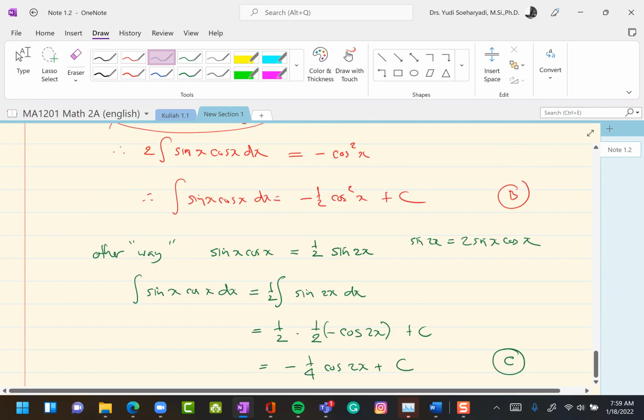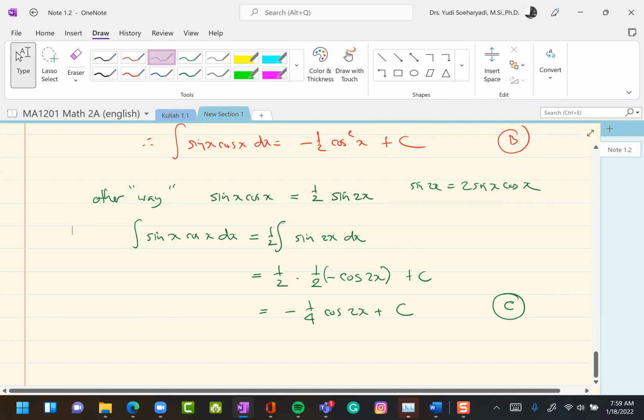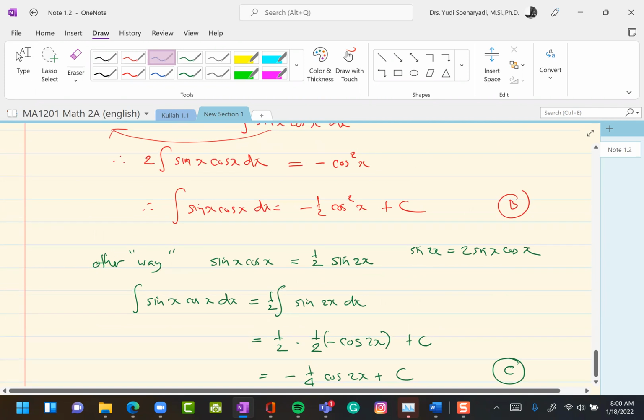What's wrong with this? Are these all correct? It seems that we are correctly applying integration by parts in this integral. Do you see any relations?